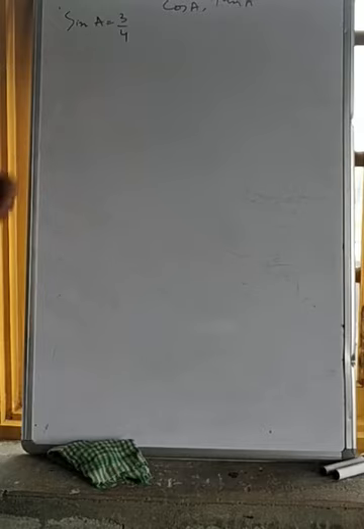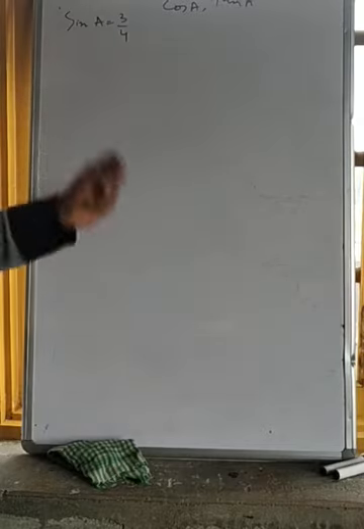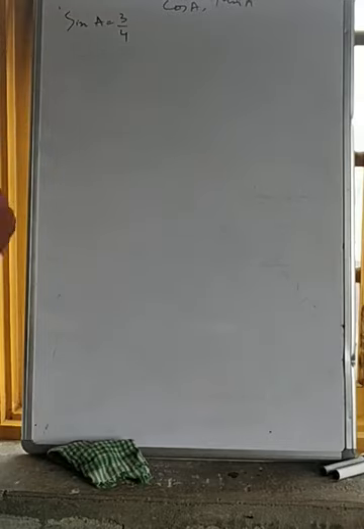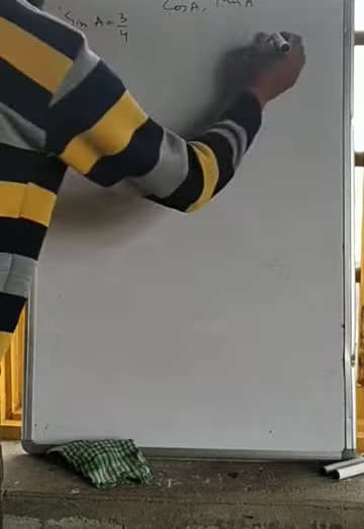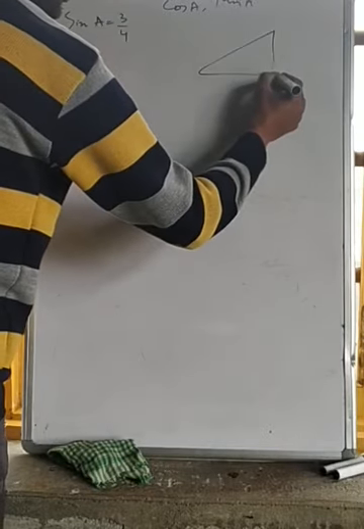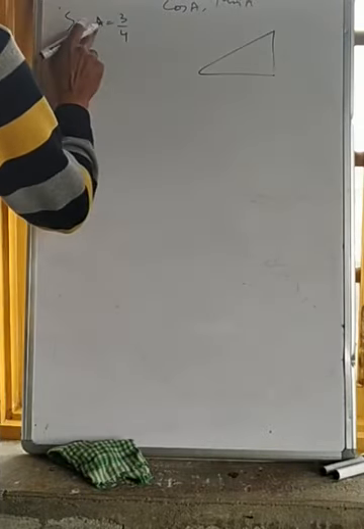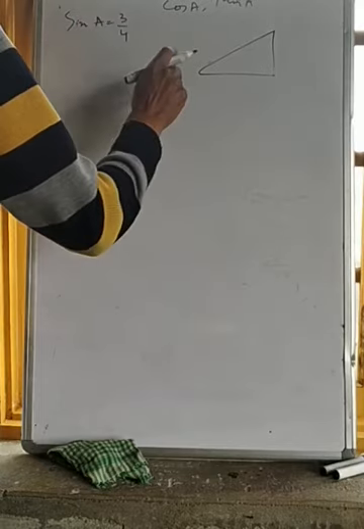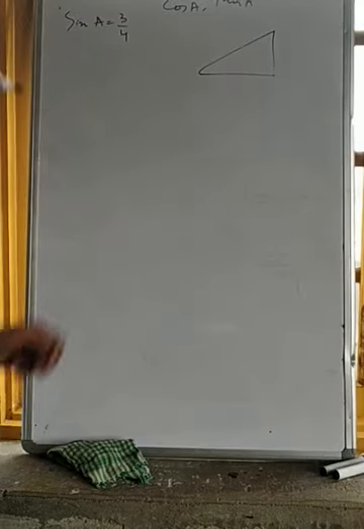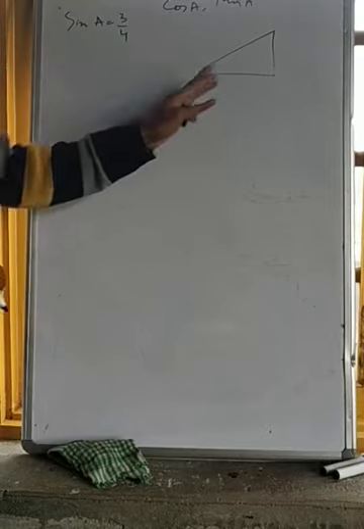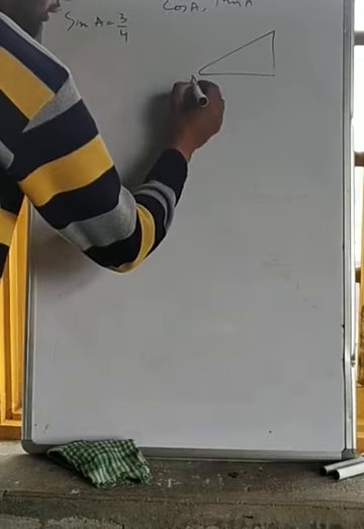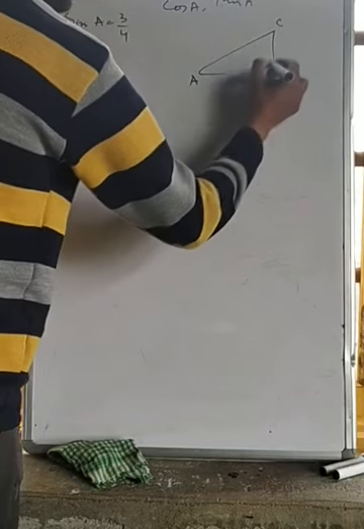We are only given sin A equal to 3 by 4, and we know that sin is equal to perpendicular divided by hypotenuse. So we should keep in mind that we are given perpendicular and hypotenuse. So let's make a triangle. This angle is A, so the angle which is given, you have to keep it an acute angle, not a right angle. So this is A, this is B, and this is C.